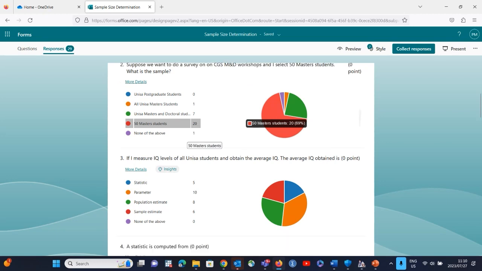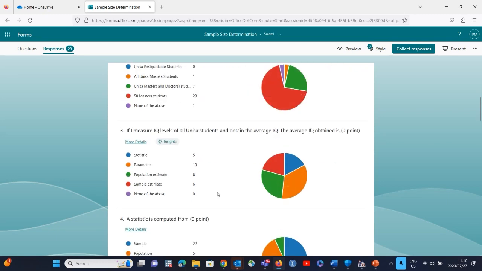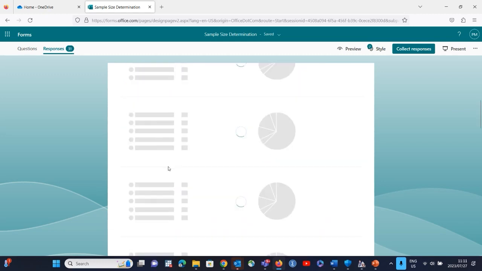And then number 3, we are measuring IQ levels of UNISA students, and we obtain the average IQ. The IQ that we have obtained is a parameter, because we've measured everyone who is a UNISA student.